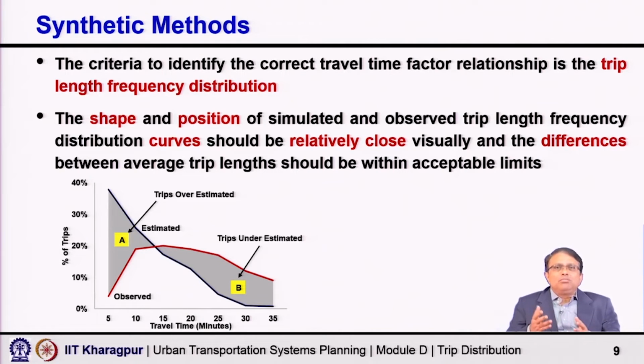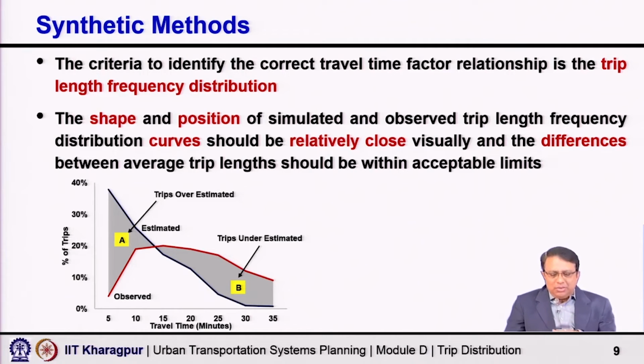Once I plot them, there should appear to be a reasonably good match between these two curves, and the differences in average trip lengths, or rather average frequency, the percentage of trips, should be within an acceptable limit. Okay. So, the two curves basically should match.